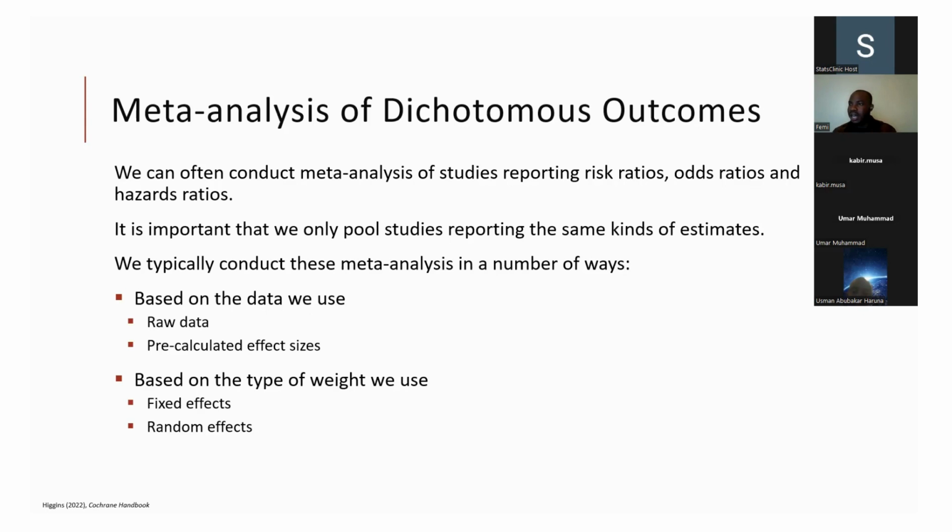So I hope we all have our SPSS launched and opened on our computer. The slides are very clear, so you will be able to walk through all of the processes very easily without any difficulties. So depending on the type of weight that we use, we can either use fixed effect meta-analysis or random effect meta-analysis. All right.